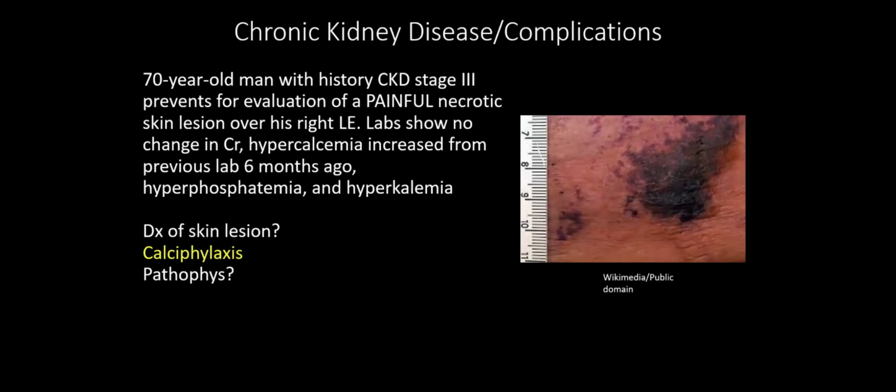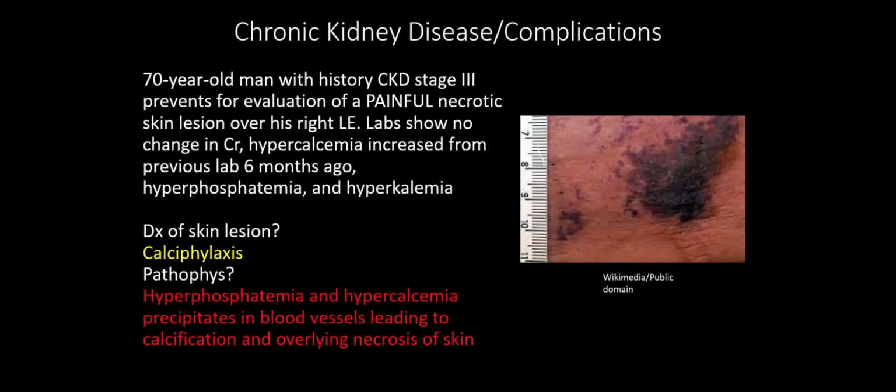Why does that happen? This is essentially due to hyperphosphatemia, at least in chronic kidney disease patients. So the phosphate builds up in the blood, which binds with the calcium to deposit in the blood vessels, which essentially causes a vasculitis. Yeah, very nice.